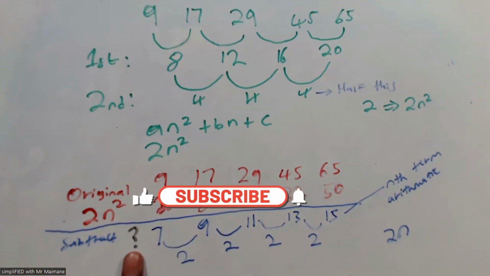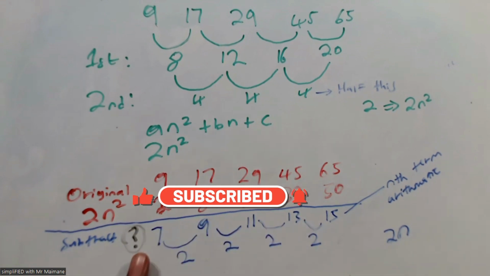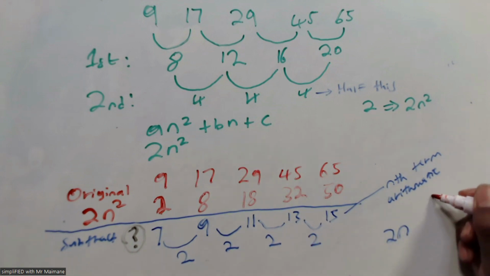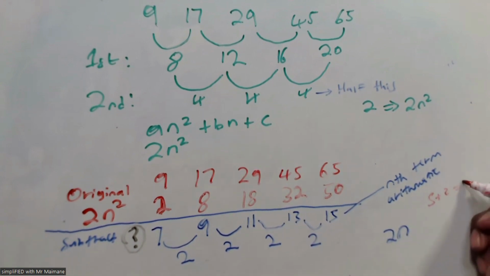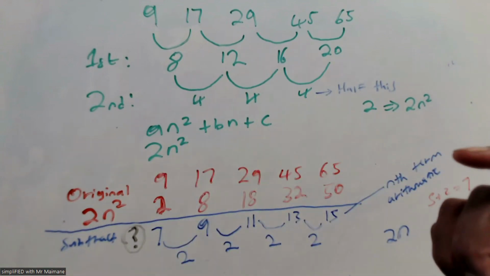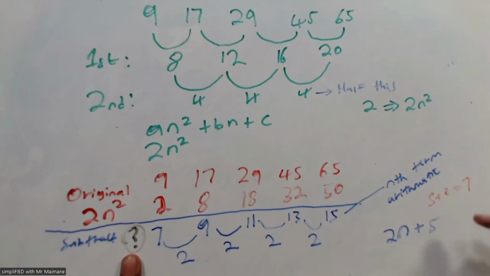If we imagine the value before the first term, what would it be? For us to get a 7, what must we add to 2? Obviously, 5 plus 2 gives 7. So the value before the first term is going to be 5.